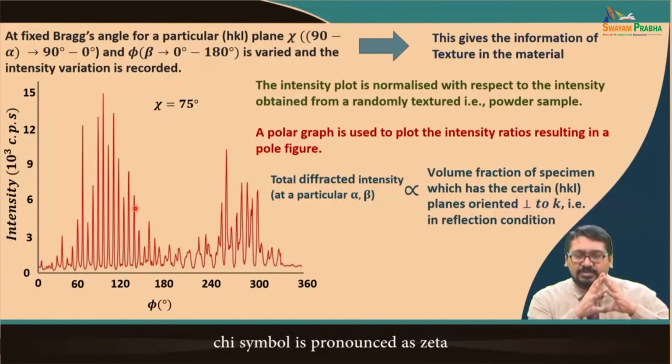The total diffraction intensity at a particular alpha beta point is proportional to the volume fraction of the specimen for which certain HKL planes are oriented perpendicular to the K. That is the reflection condition, meaning the volume fraction of that HKL plane which can be radiated, perpendicular to the bisector between the incident and the diffracted beam, is shown in terms of intensity, right.